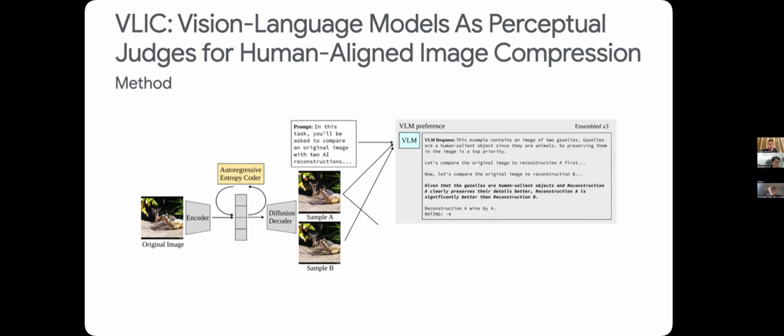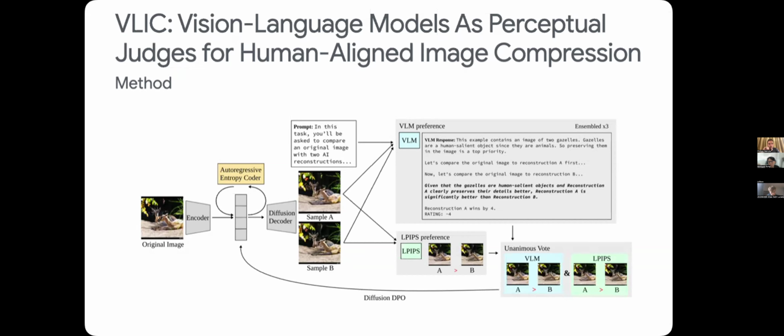Thirdly, I mentioned earlier that we can use any kind of metric to determine which of the 2 images is better. So for the third one, we additionally use an LPIPS metric to determine which reconstruction is more accurate. If the VLM and the LPIPS agree, we pass the rating to the diffusion DPO, and otherwise we just discard the sample.